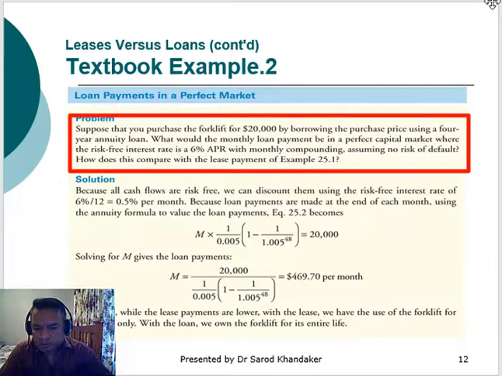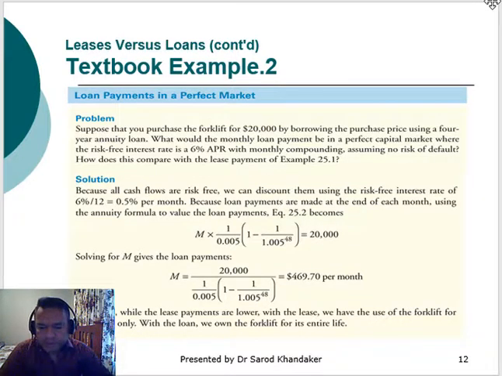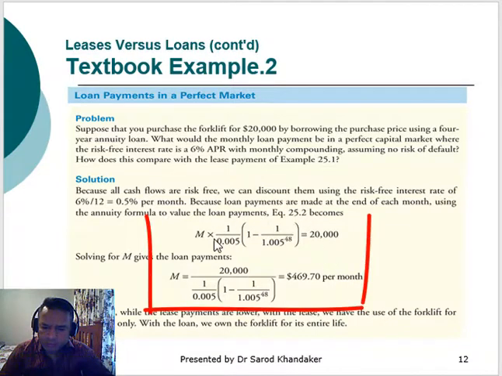mortgage payment calculation. If you use the calculator, you can find it out, which is $469.70 per month. Now if you do the calculation using the formula, the monthly payment should be, the purchase price is $20,000, times 1 divided by 0.005. 0.005 is coming from 6% APR, because 6% is the annual interest rate divided by 12, which is the monthly interest rate.